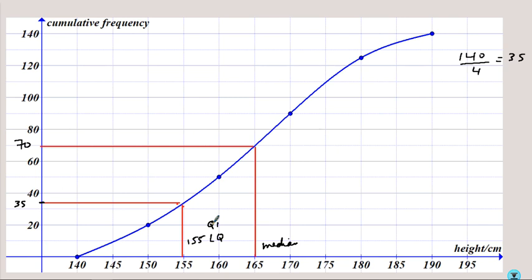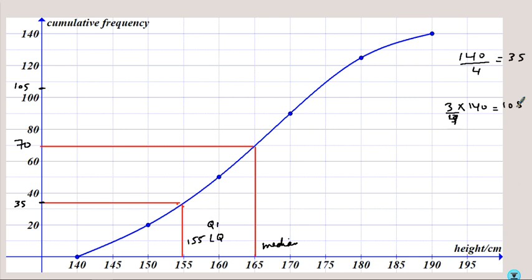Now for the upper quartile or the third quartile, we either count 35 from the top, giving us 105, or simply 3/4 times 140, and that gives us 105, same thing.